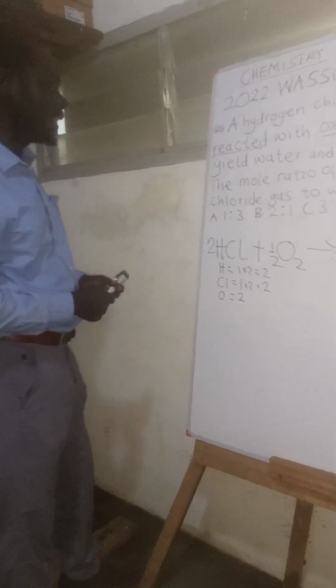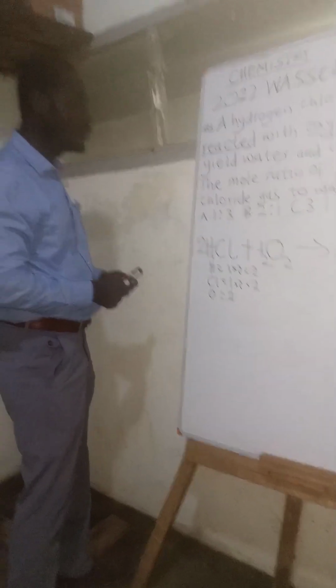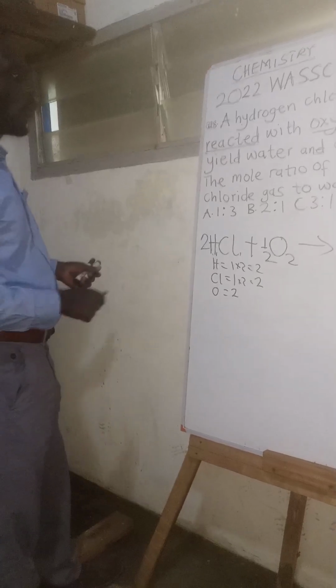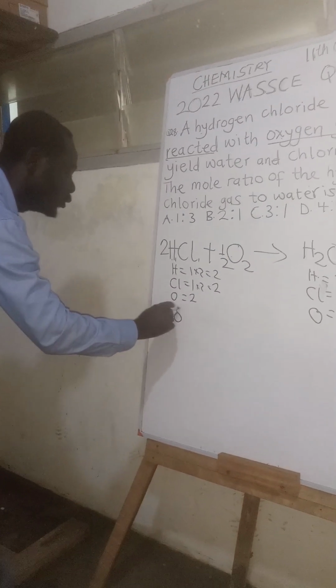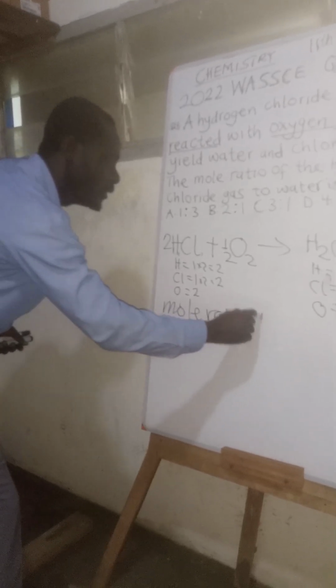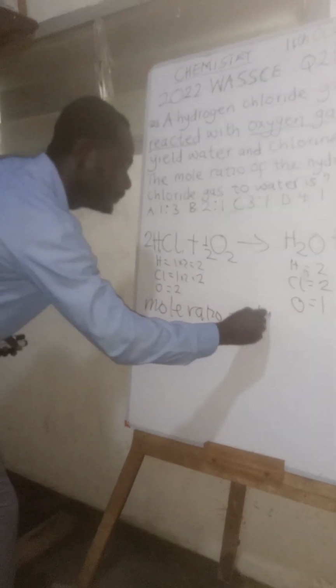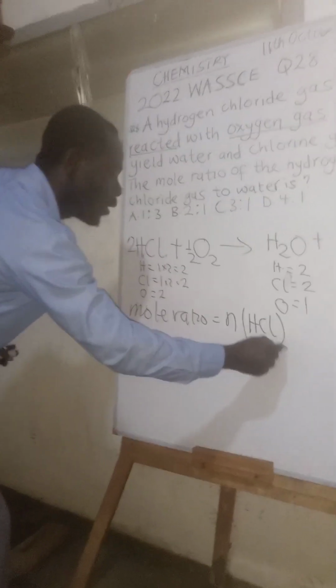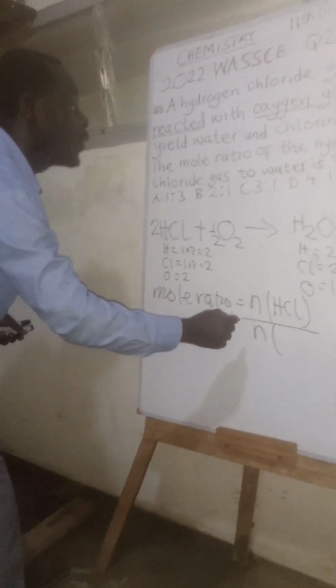And the question says that we should find the mole ratio of hydrogen chloride to that of water. So the mole ratio is equal to the number of hydrogen chloride over the number of water.